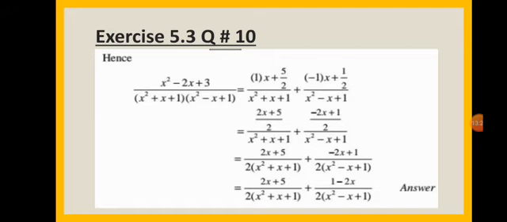A little lengthy but not a difficult method to calculate. So students, you will have to practice at home to get a grip on this method, and after doing 2 or 3 questions, you will be able to solve these questions properly.